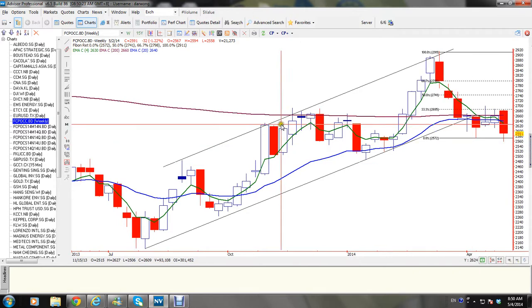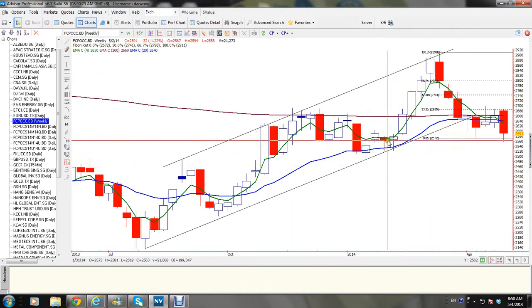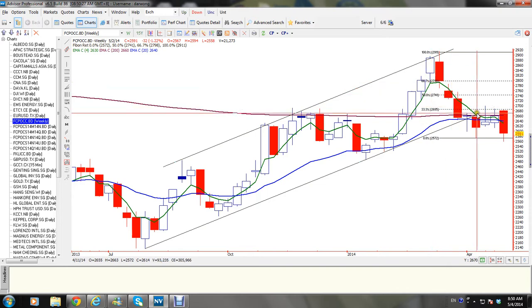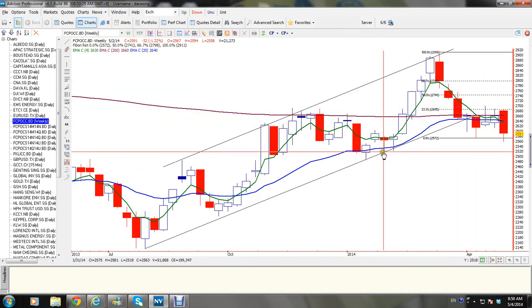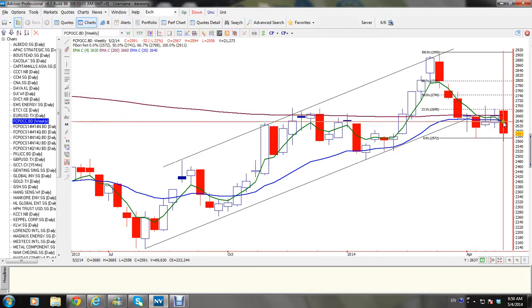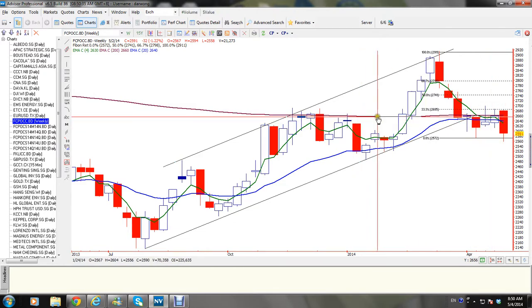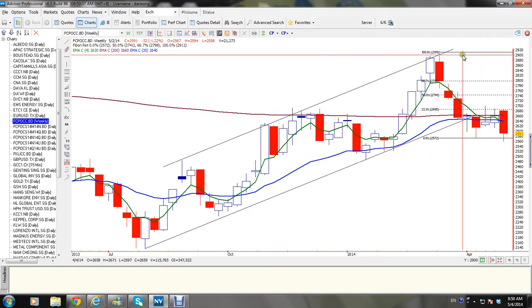After I highlight the three lines, EMA 4 is indicated by the green line, the EMA 20 average line is indicated by the blue line, whereas the purple line indicates the EMA 200.